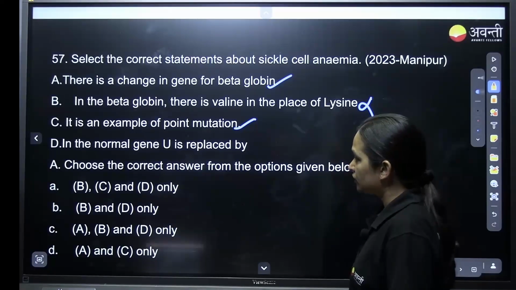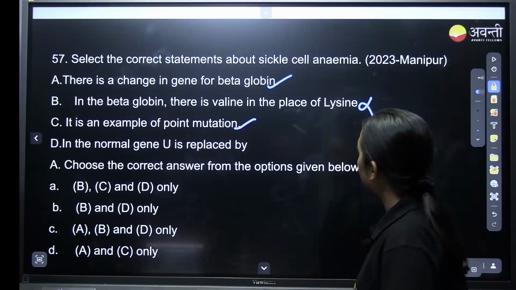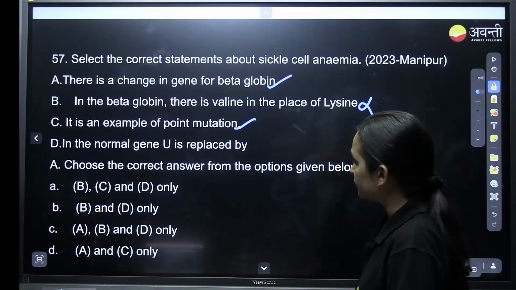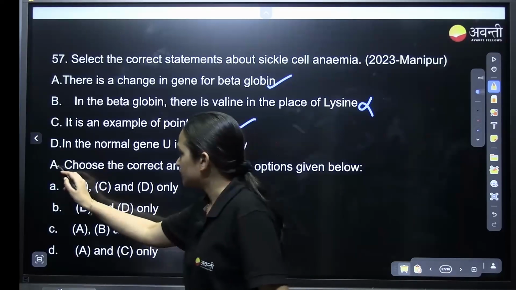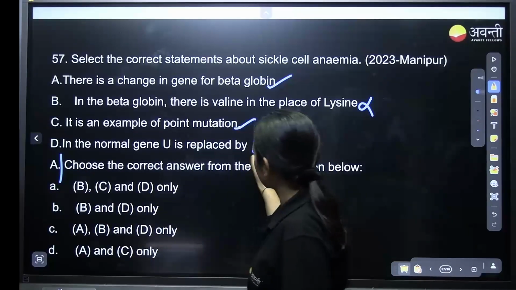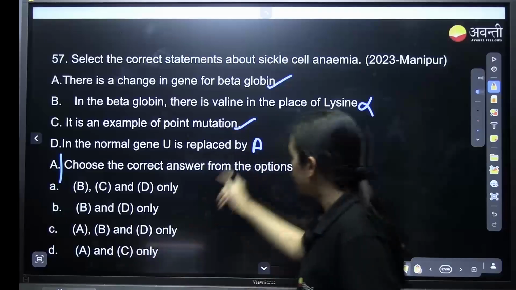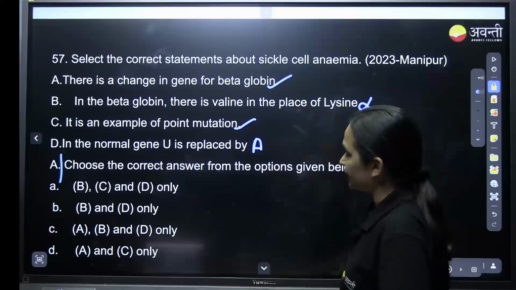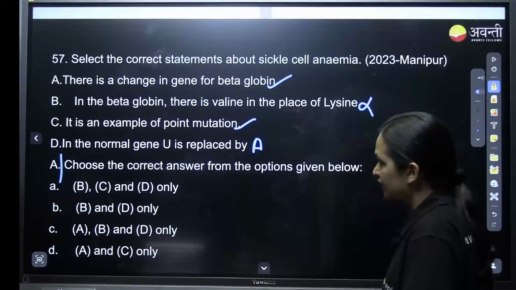In the normal gene, U is replaced by... इधर ये U is replaced by, क्वेश्चन में A है, इधर चला गया है. Okay, U is replaced by A. Is it correct?